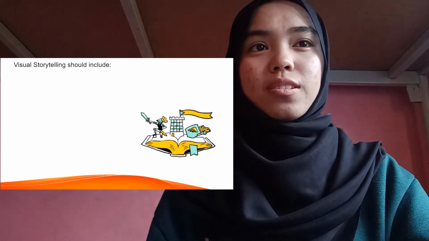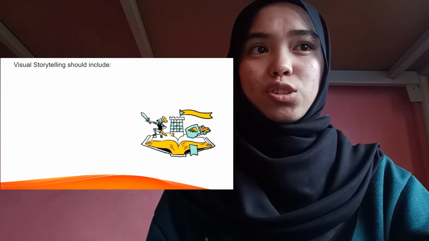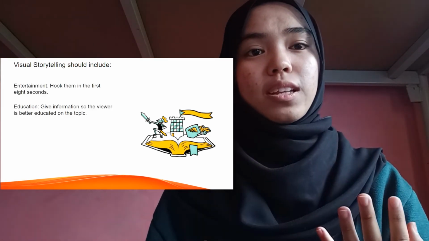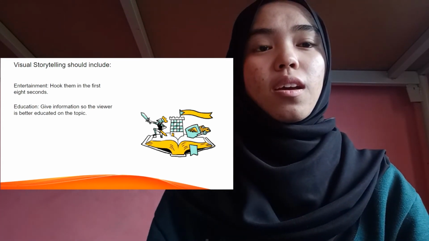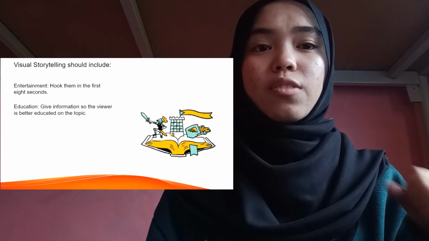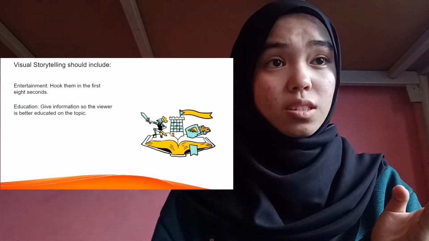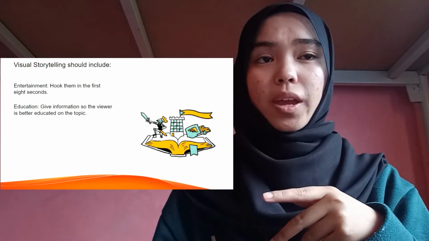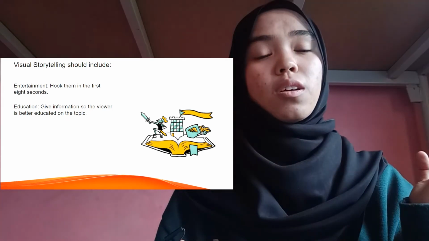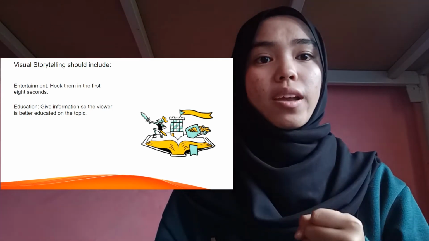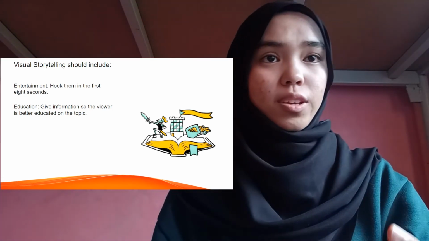So now the visual storytelling should include these elements. First is entertainment. Visual storytelling should be able to hook the readers or audience in the first few seconds, which can be done by animations or an interesting topic. Or it can also be done by using appropriate colors that can attract the viewers or audience.